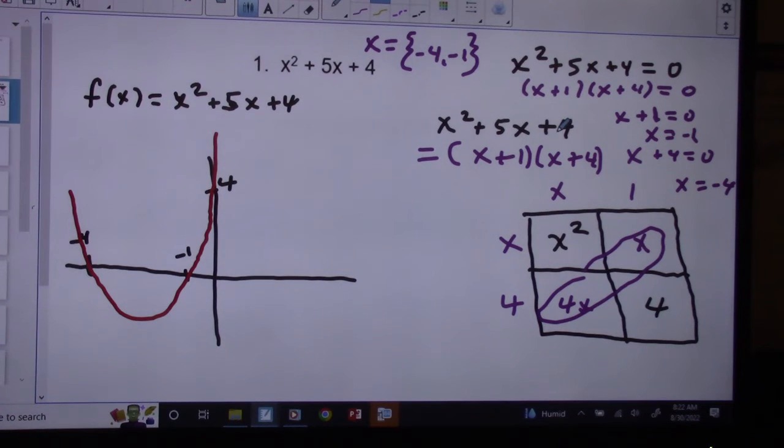Then we're going to go over most of these just to show you. So this is just an introduction to factoring. See what you can do on this. You can talk to each other, whatever. And then over the next several days we're going to work in more detail and drill down on factoring a lot more. How's that? Okay? All right, good.